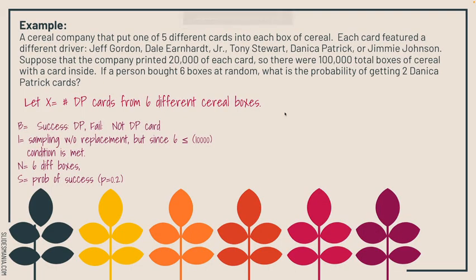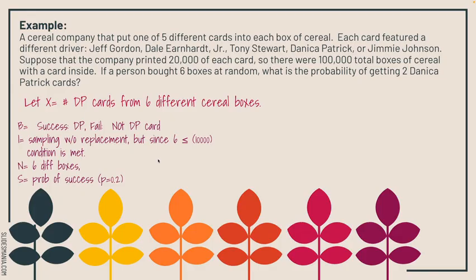So 6 is less than or equal to 10,000, which is 10% of our total population. That condition's met, so it's a non-issue that it's not independent. N, number of trials: 6 different boxes. S, probability of success, p equals 0.2, since there are 5 different cards in each cereal box, so 1 out of 5.